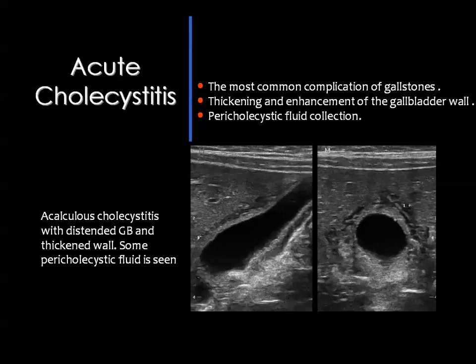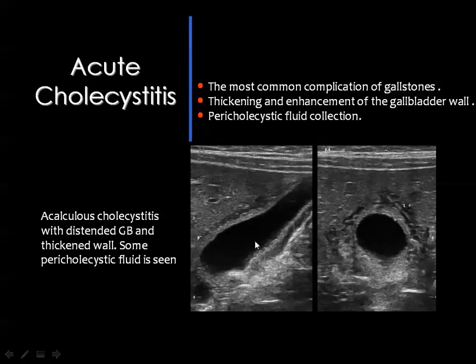Number one is thickening of the gallbladder wall. You remember the normal thickness is about 3 millimeters, but here it may reach 1 centimeter in some cases. Then number two, you get some fluid around the gallbladder. We call it pericholecystic edema, and you may see inside the gallbladder some mud or some calculi.